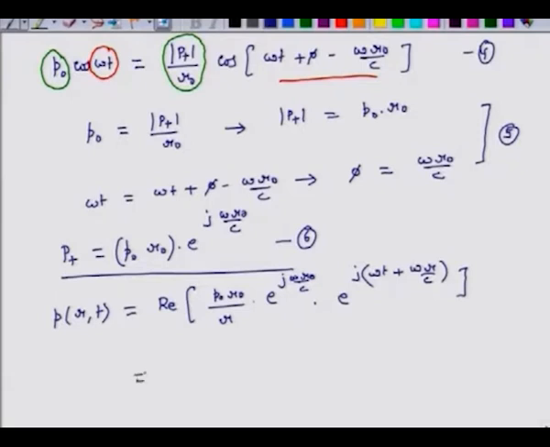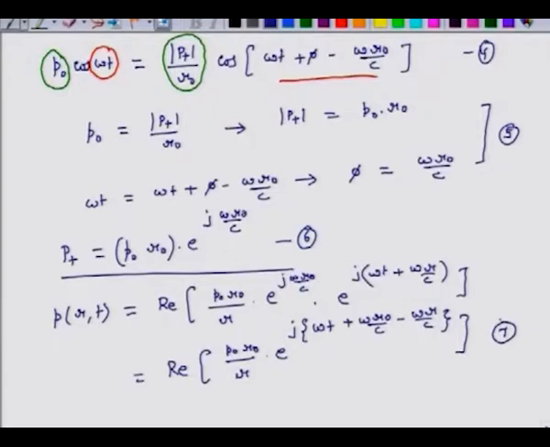I can rewrite this entire thing as the real part of p naught r naught over r times e to the power of j times omega t plus omega r naught over c minus omega r over c. So, this is my expression for pressure.